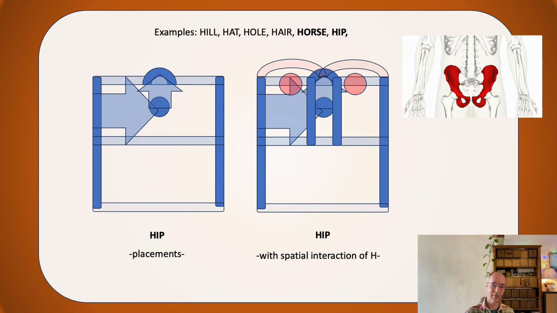I just gave you a couple of examples of how they work as forms, and that's a part of the theory of sound in form. And here the hip is the reference point in space. Actually, the spatial interaction starts from there.